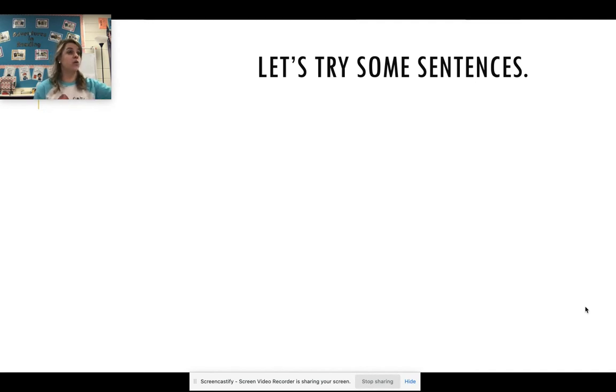Stan should row the yellow boat. Away from the shadow. Stan should row the yellow boat away from the shadow.